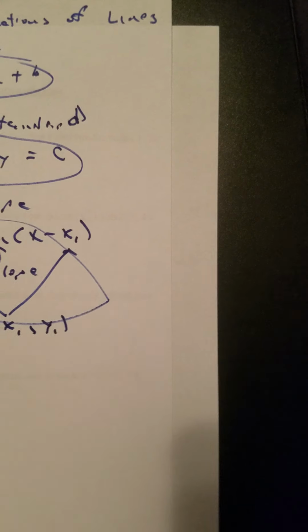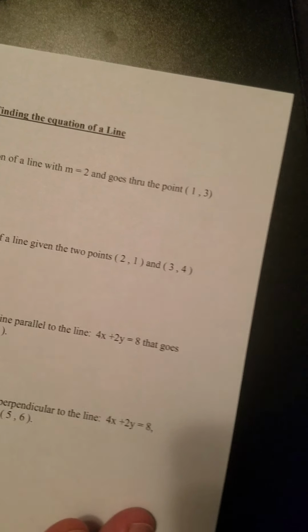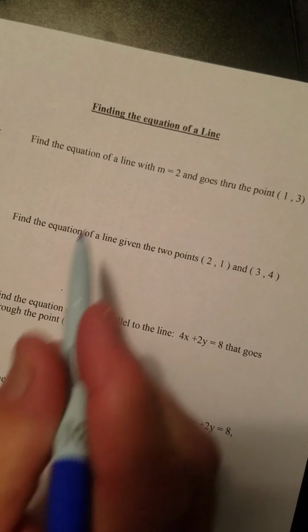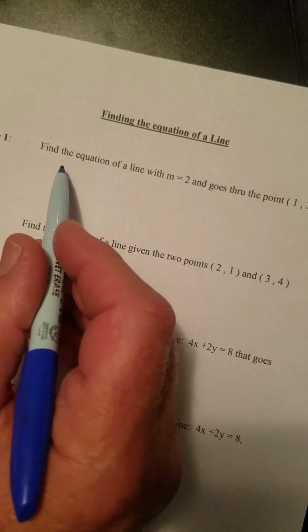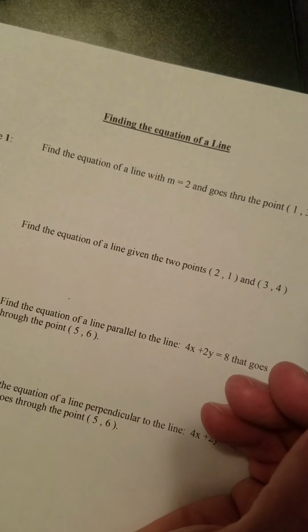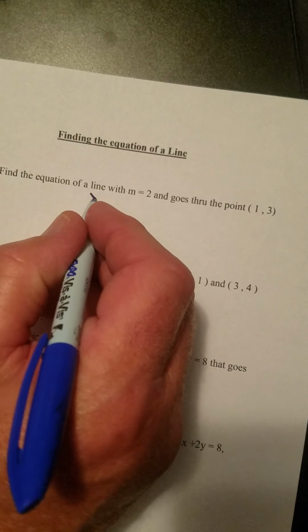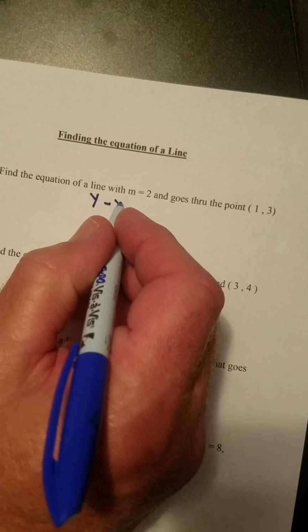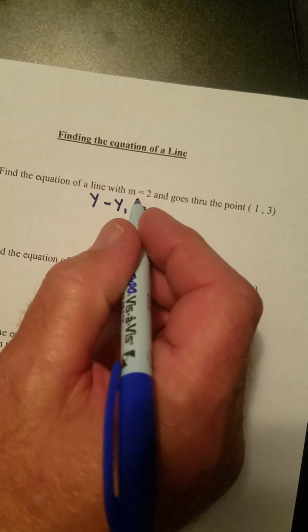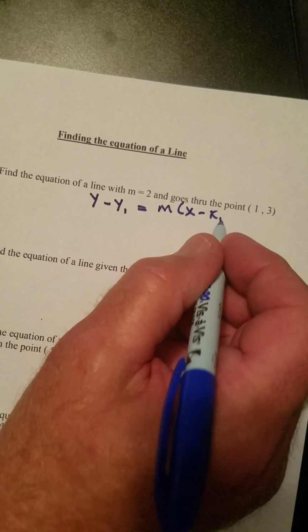Okay, let's take a look at what we got then. Now, this first one's real easy. I got 4 examples. Find the equation of a line with m equals 2 that goes through the point (1, 3). So you're going to start with that formula for point-slope. Almost all of these you're going to start with this.